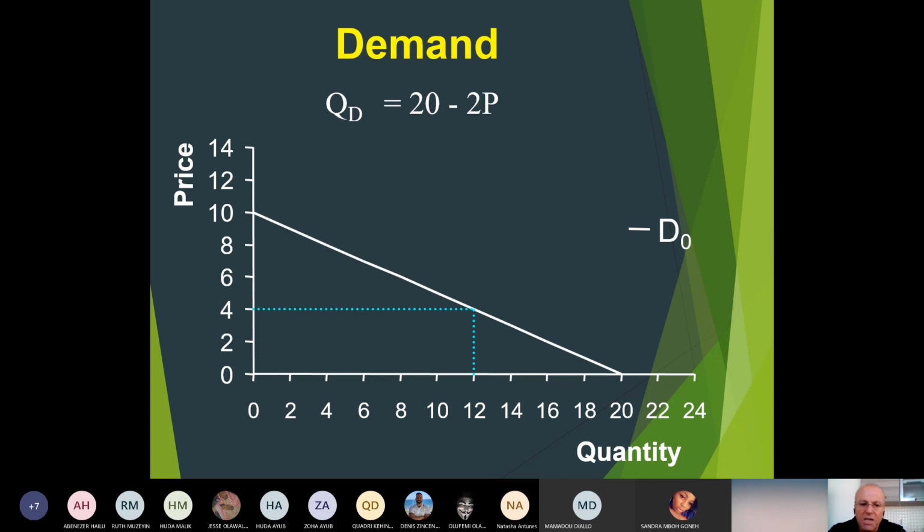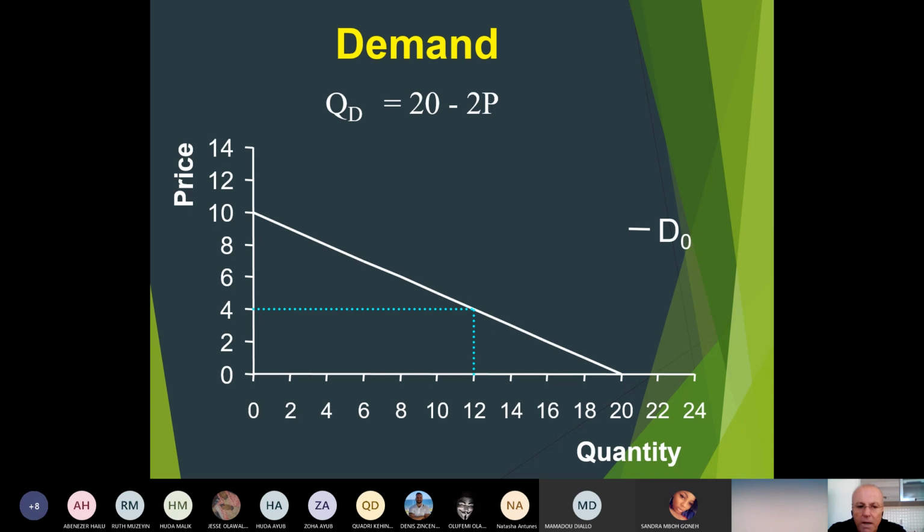You find the differentiation of each and get the slope of this curve, which is minus 2. It's clear, I think. Delta P over delta Q gives you the slope, minus 2.